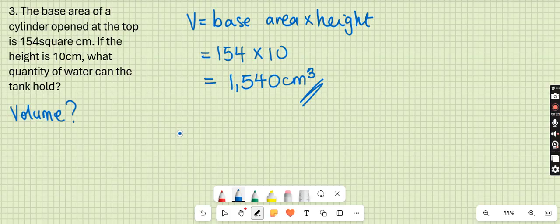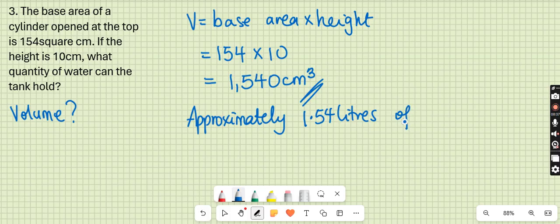They say, what quantity of water can it hold? It can hold this, or someone will say it can hold approximately 1.54 liters of water, because 1 liter is equal to 1,000 cubic centimeters.